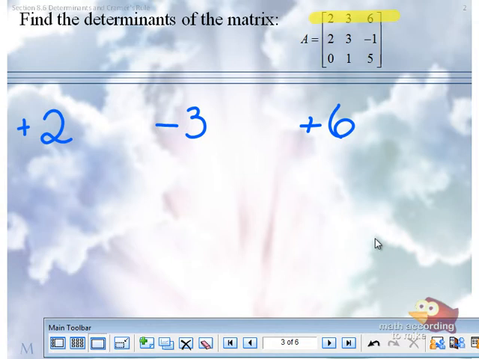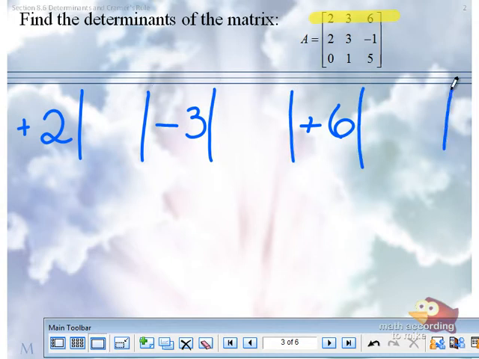Okay. So now you're going to make smaller 2 by 2s. These big numbers become coefficients for smaller 2 by 2s. To figure out what goes in those 2 by 2 determinants, it all depends on what row you originally picked.